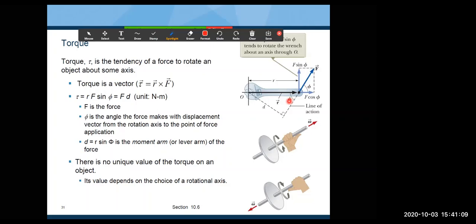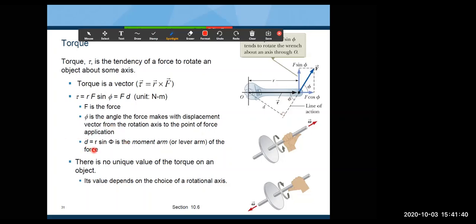In any case, we are only considering the components of the r vector and the F vector that are perpendicular to one another. So that is a very important concept. The components of the force and r parallel to one another do not contribute to any turning effect. Only the components of F and r that are perpendicular to one another contribute to the turning effect.